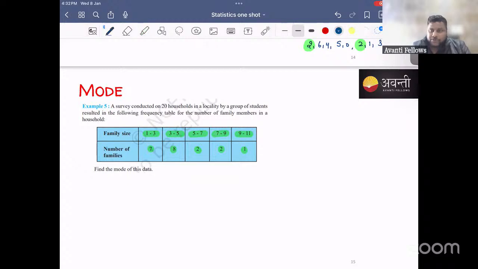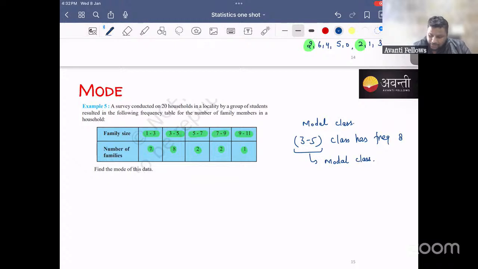Now, first of all, I will have to identify the modal class. So you realize that the 3 to 5 class has frequency 8, which is maximum among all frequencies. So this 3 to 5 is the modal class.